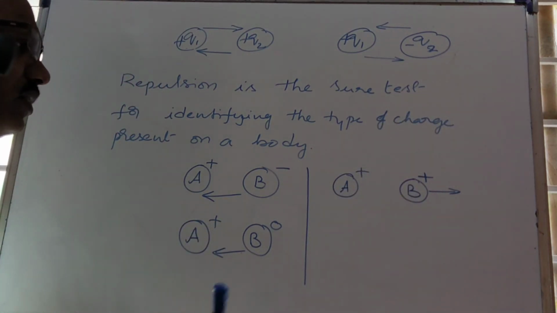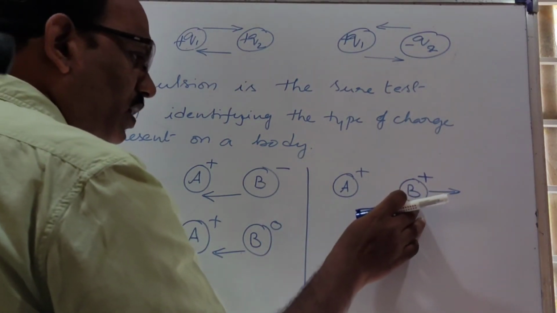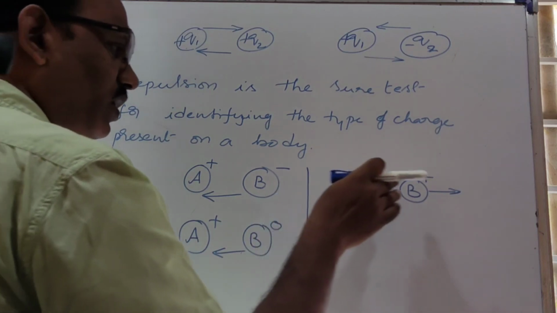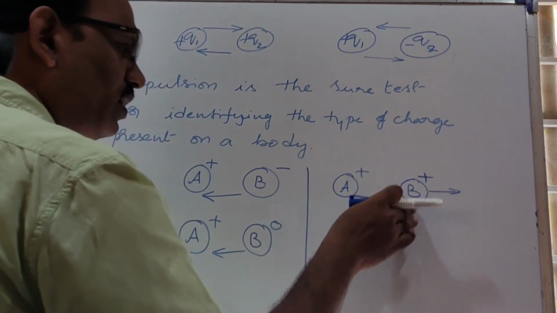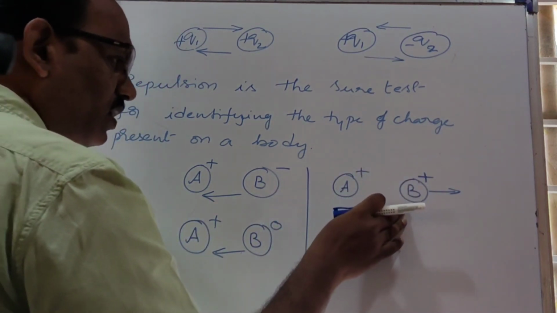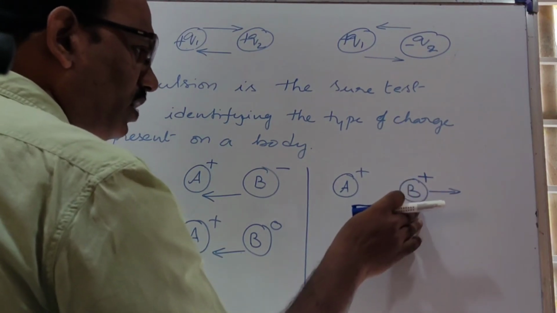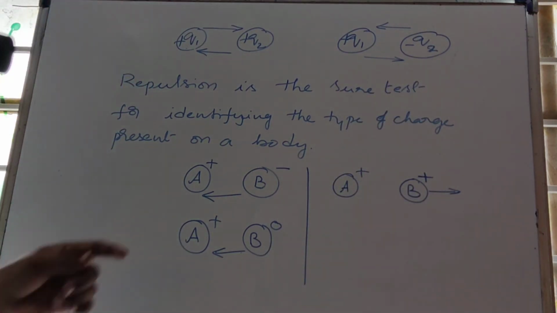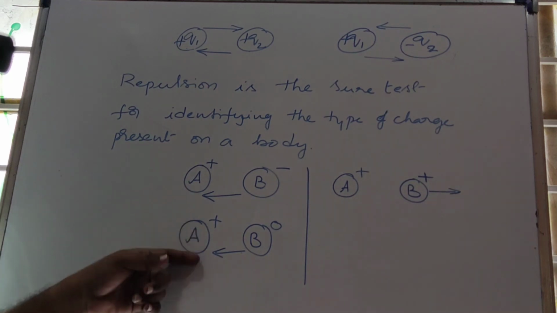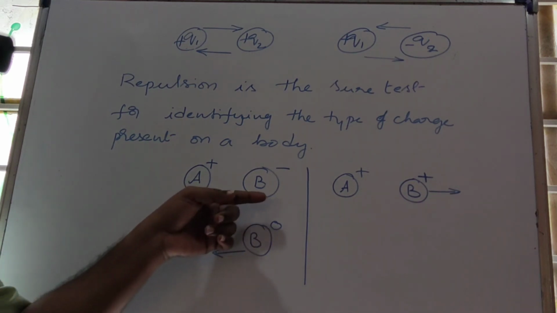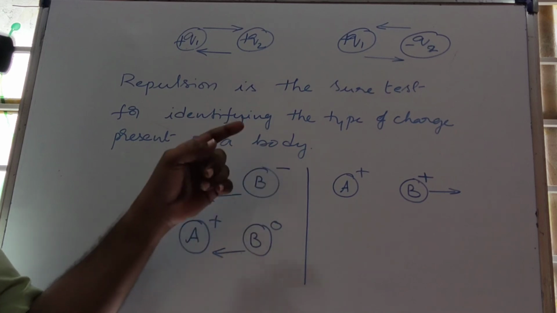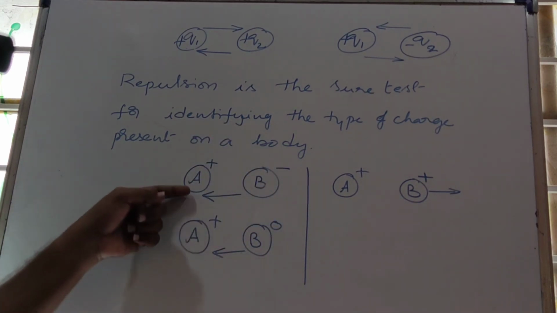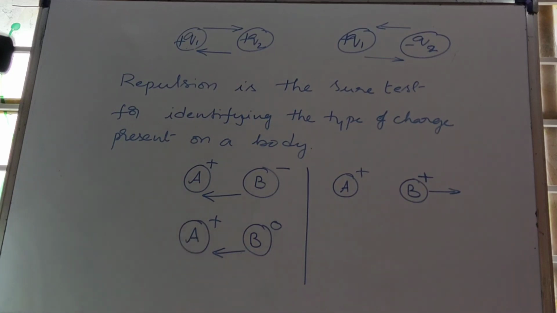Okay, understand? If the body B is repelled by the first body, that is A, then we can specifically and confirmably say that the second body is positively charged. But in the case of attraction, we cannot specify whether the body has negative charge or no charge. In both cases, we can have attraction.